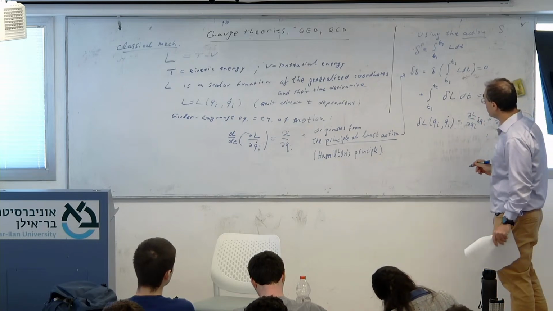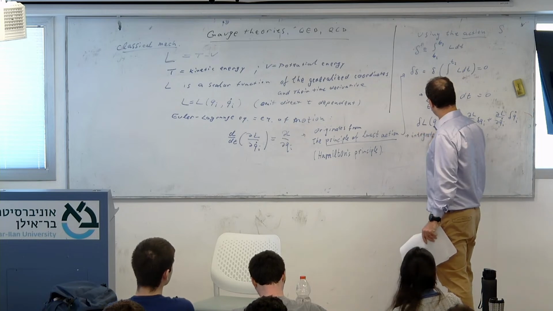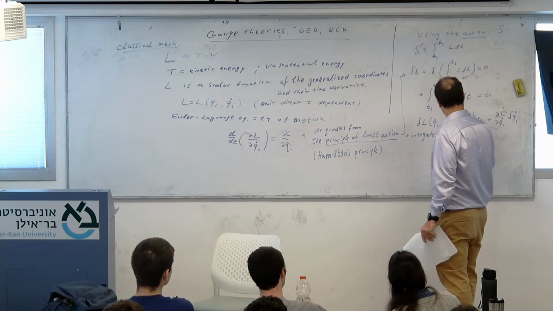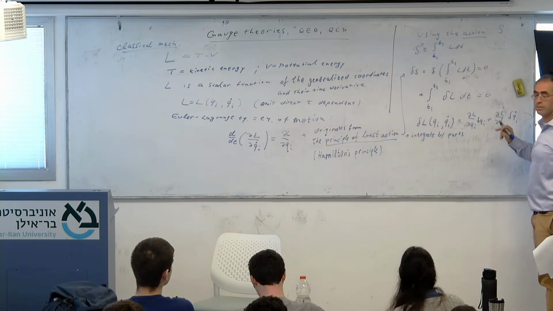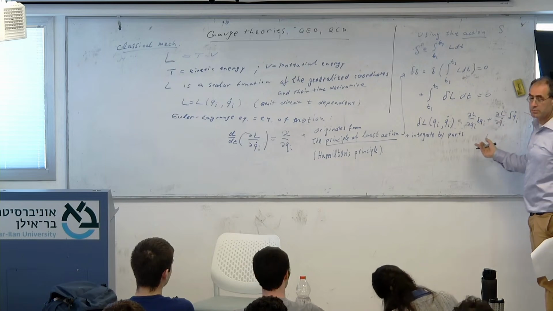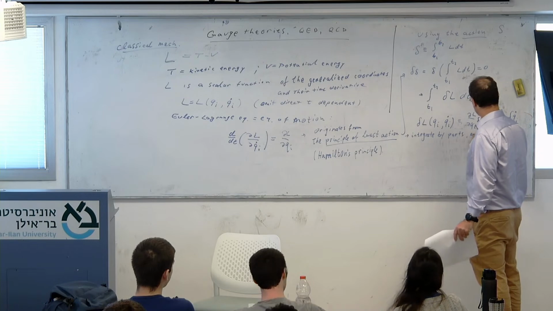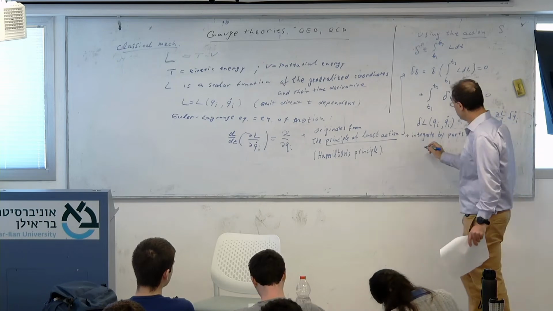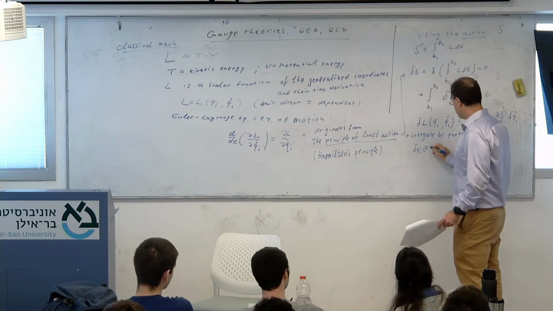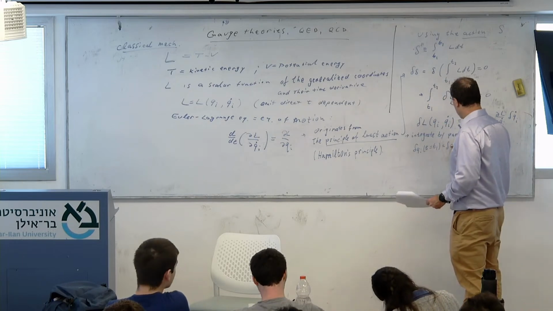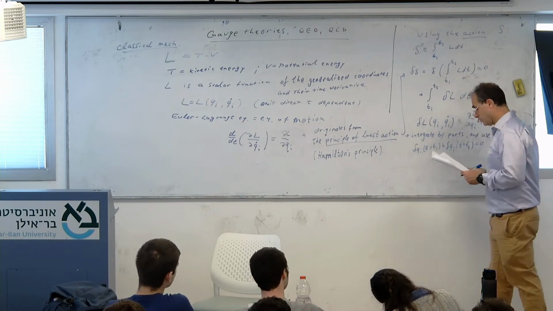Then integrate by parts, using the fact that delta qi on the boundaries, at T1 and T equal T2, is 0.